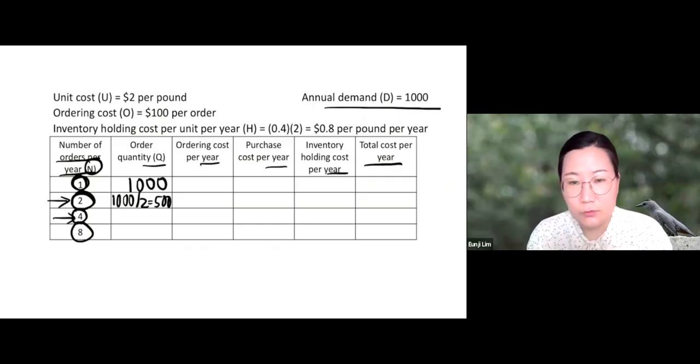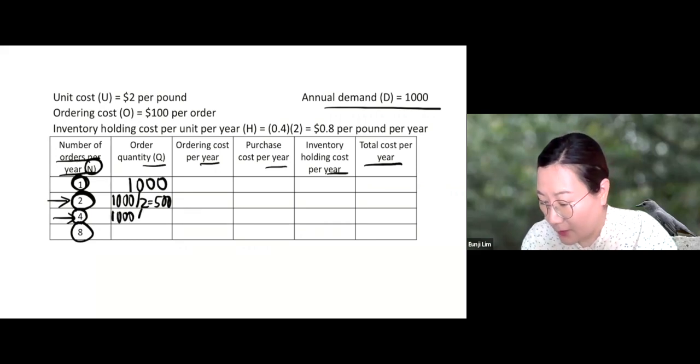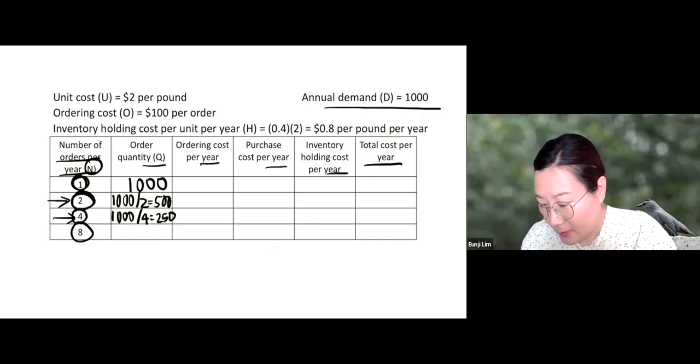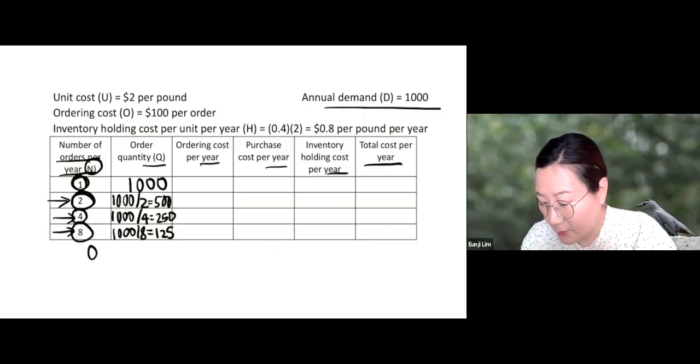Next, if you place 4 orders a year, how many pounds of coffee should you order each time? You need 1,000 pounds throughout the year. You split this into 4 orders, so you need 250 pounds per order. Next, 8 orders a year, so it's going to be 125 pounds per order. Now, can you find the formula for the order quantity, Q?